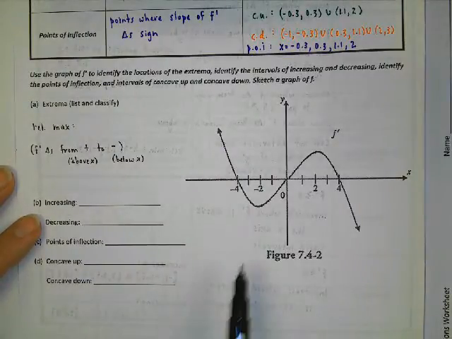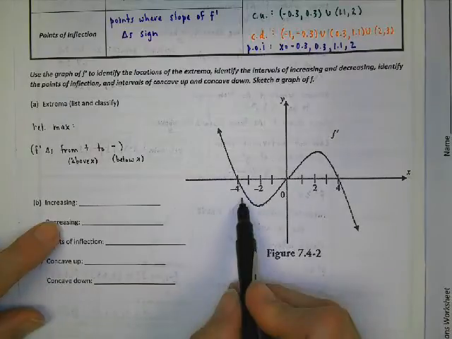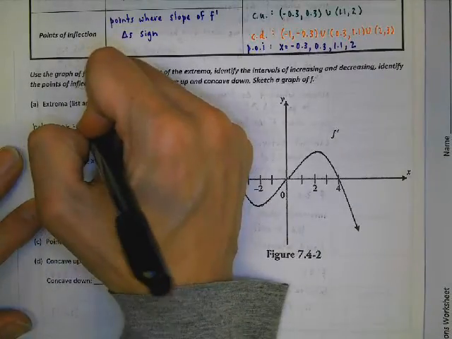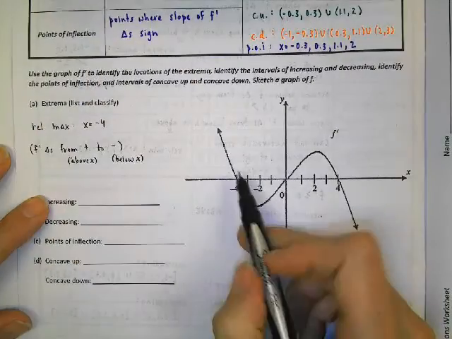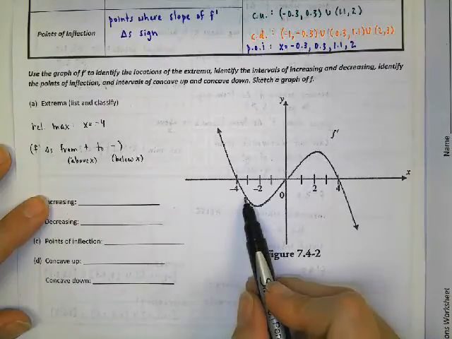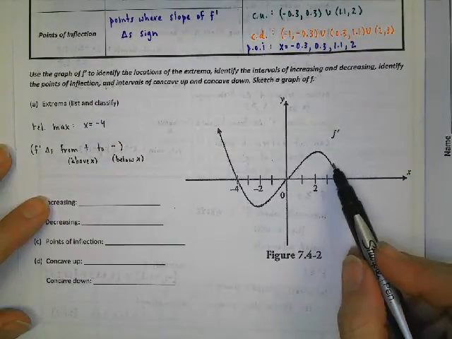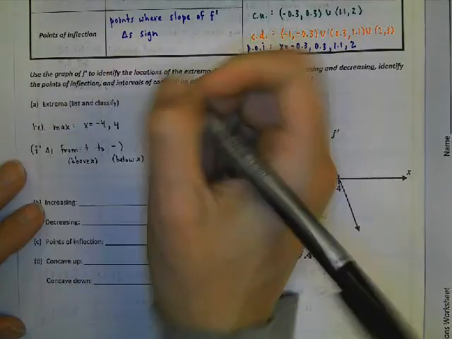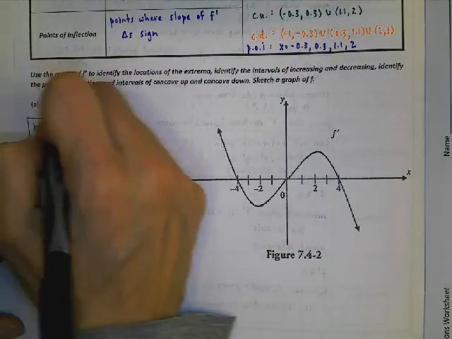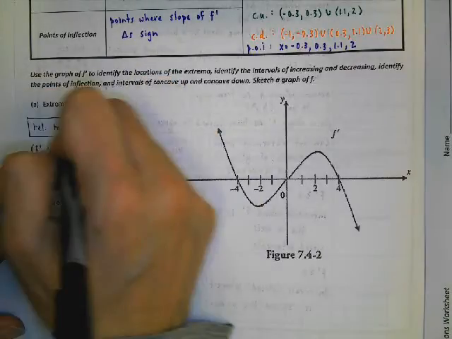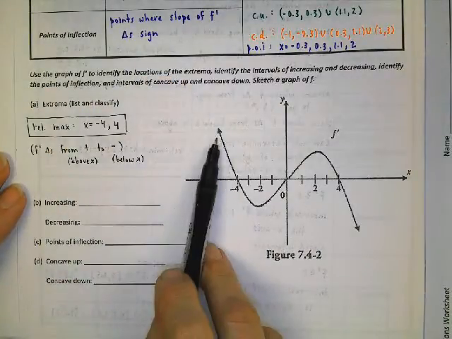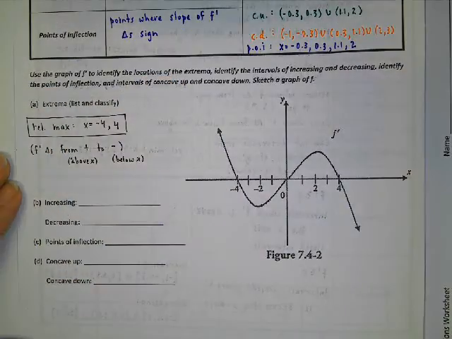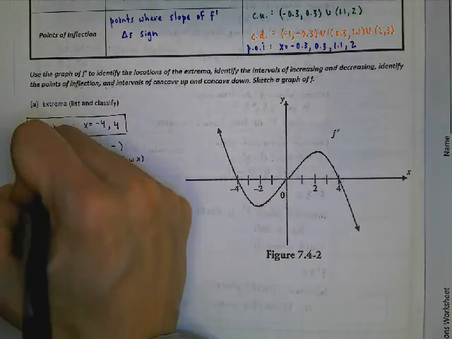So I'm looking for where I change from positive to negative. So the first one I see is at x equals negative 4. I change from positive to negative. And then again over here at positive 4, I change from positive to negative. So those are my max values. And since I'm on an open interval here, I don't have to worry about endpoints.